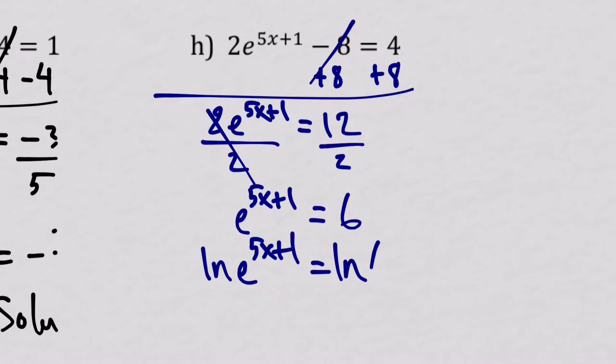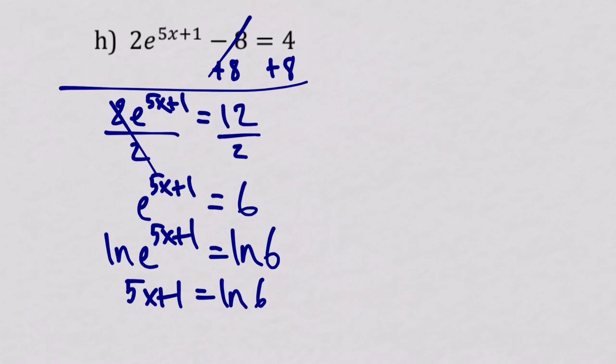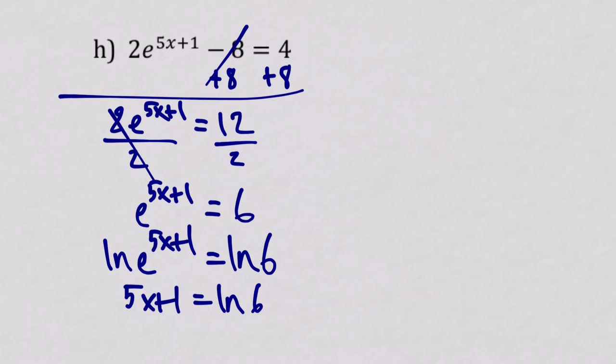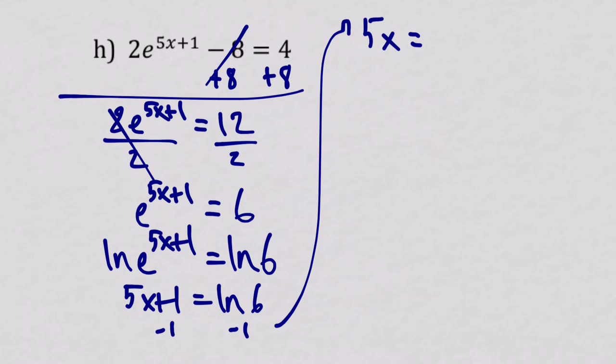Equals natural log of 6. I'm going to bring this power down and cancel the ln of e. So it's just 5x plus 1 equals ln of 6. I'm going to continue over here. I'm going to subtract 1. So I got 5x equals ln of 6 minus 1.